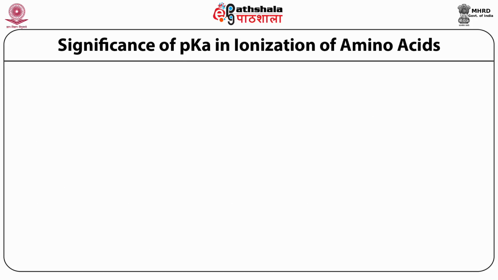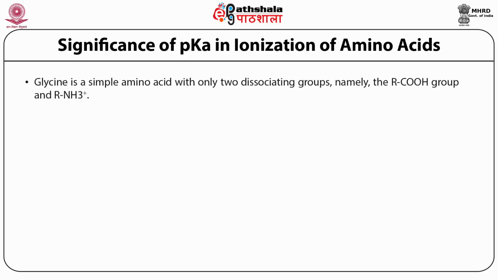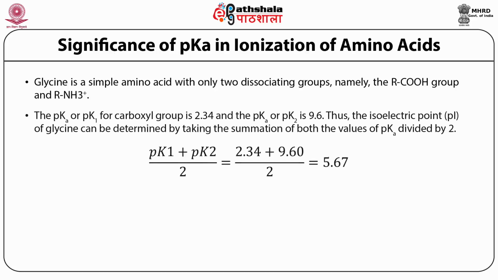Every amino acid is going to be protonated or deprotonated based on the pH. The pH at which an amino acid has net charge 0 is known as its isoelectric point. Glycine is the simplest amino acid with only two ionizable groups: one is the carboxylic group, another is the amino group. Its pKa for the carboxylic group is 2.34 and pKa for the amino group is 9.6.